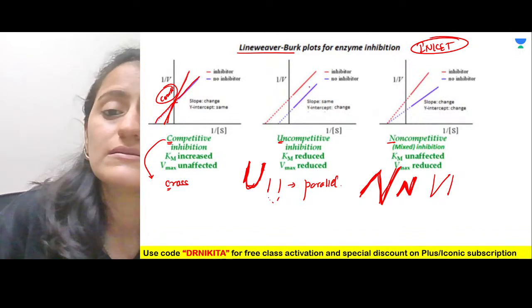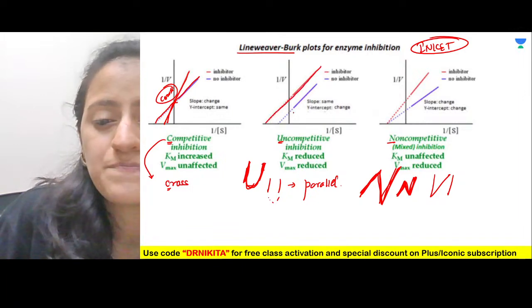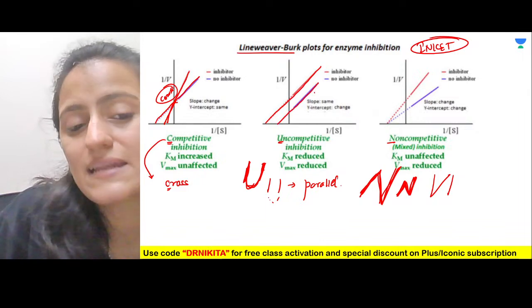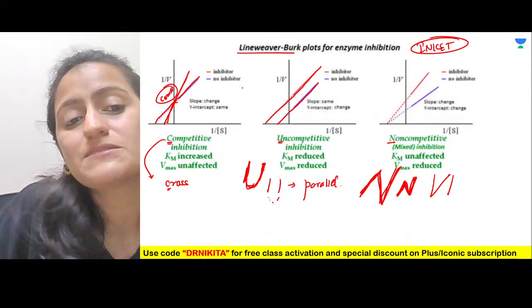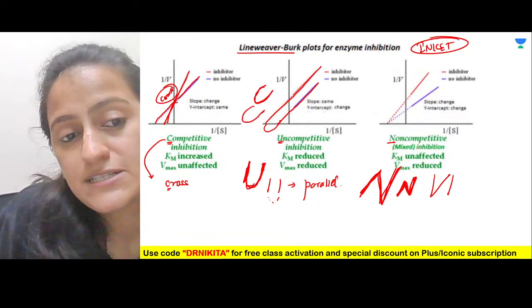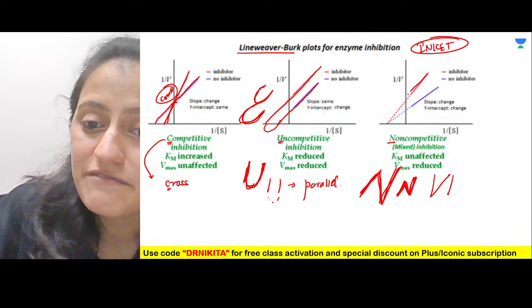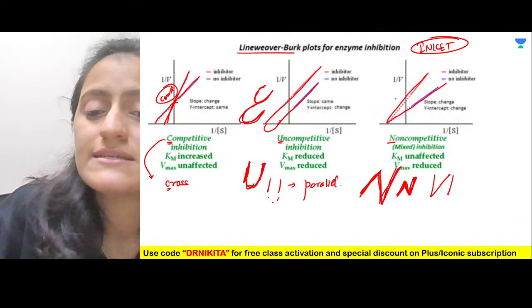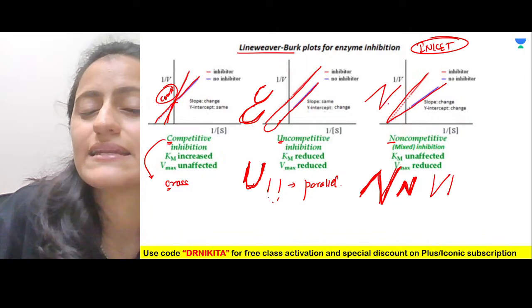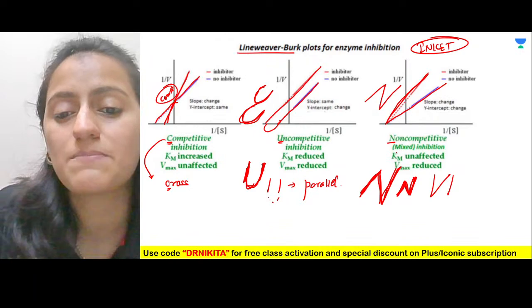The next one has parallel lines. So parallel lines mean uncompetitive. In uncompetitive, it is parallel lines. This is the V shape that we see, so this is N, non-competitive, which is V shape.